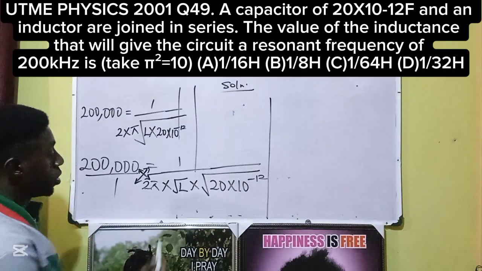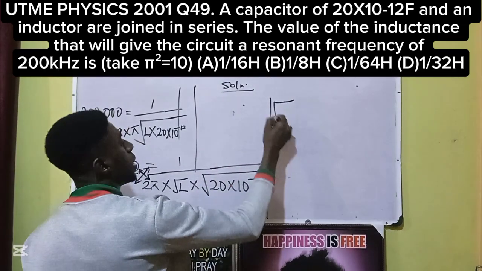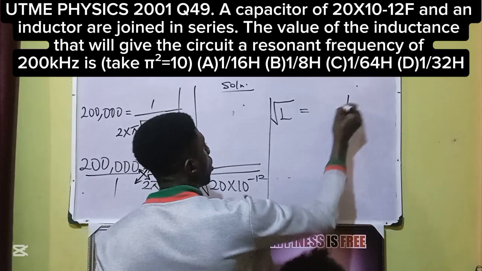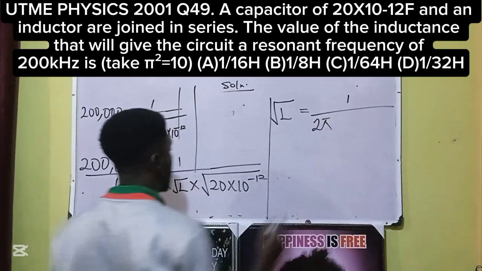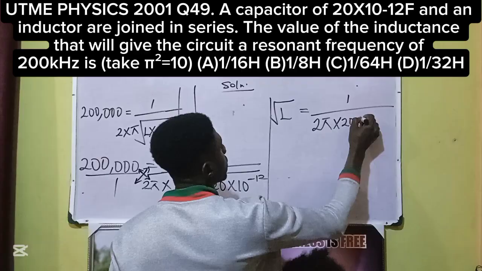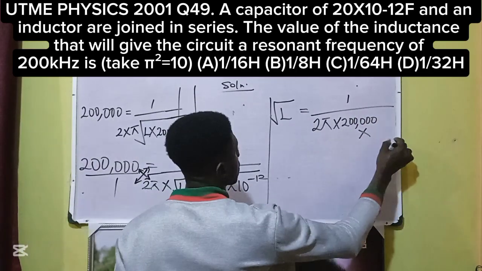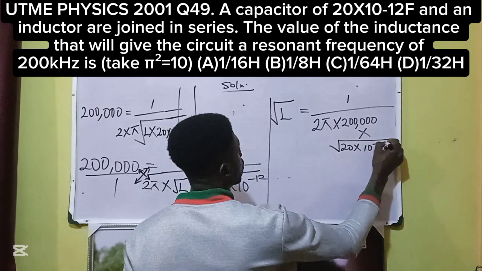So L goes up, since I'm targeting L. So the square root of L is equal to 1, we maintain 1, then 2 pi times 200,000, which comes down, times the square root of 20 times 10 raised to power minus 12.